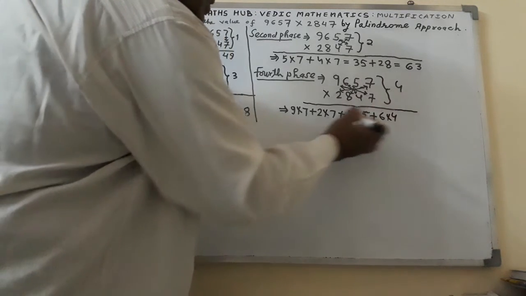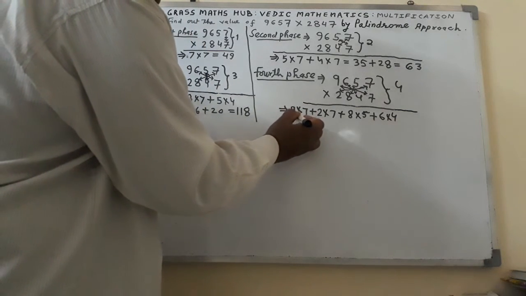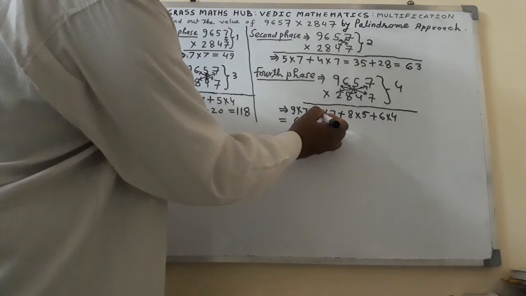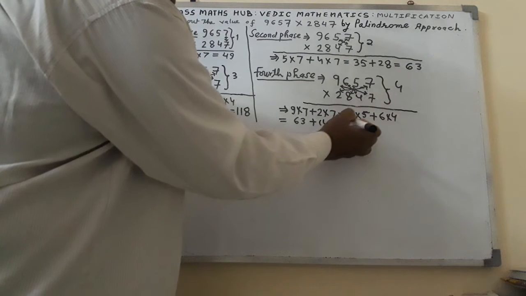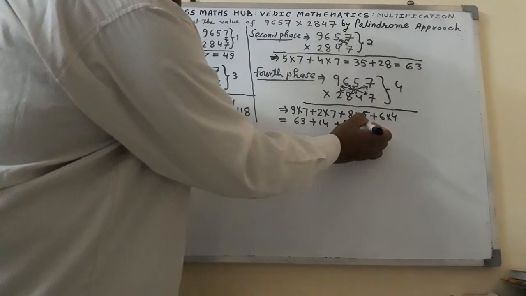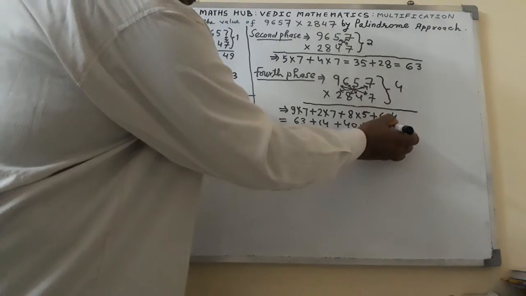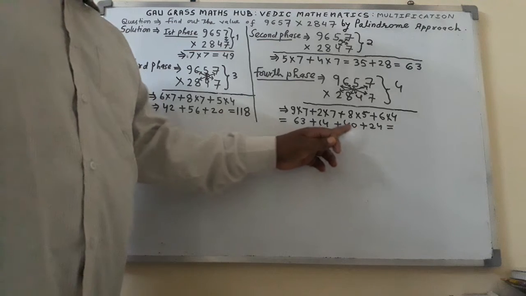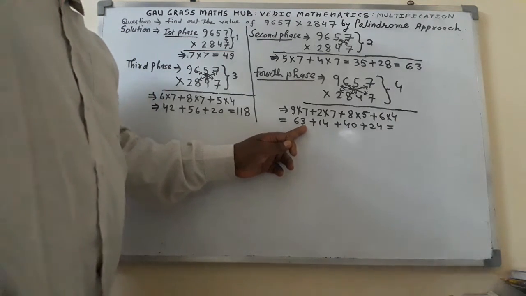So we will get here 9 7s are 63 plus 7 2s are 14 plus 8 5s are 40 plus 6 4s are 24. You will get here 8 is this one, 4 plus 0 plus 4, 8, 8 plus 3, 11.